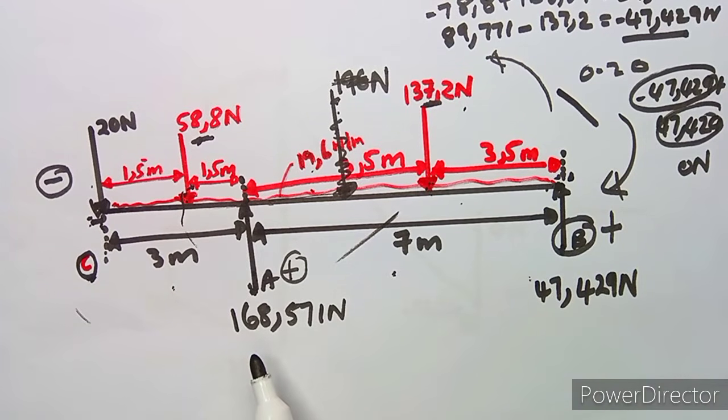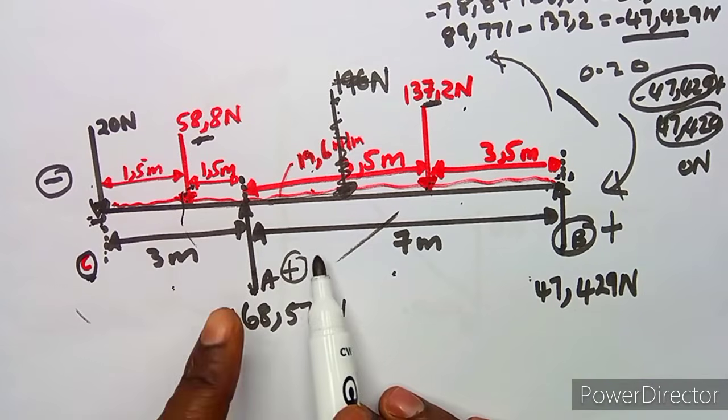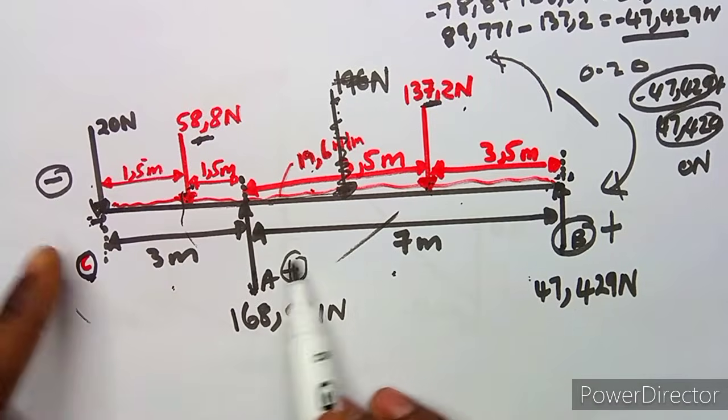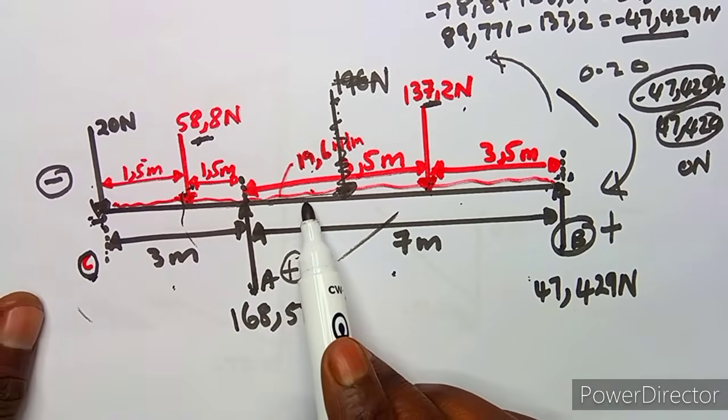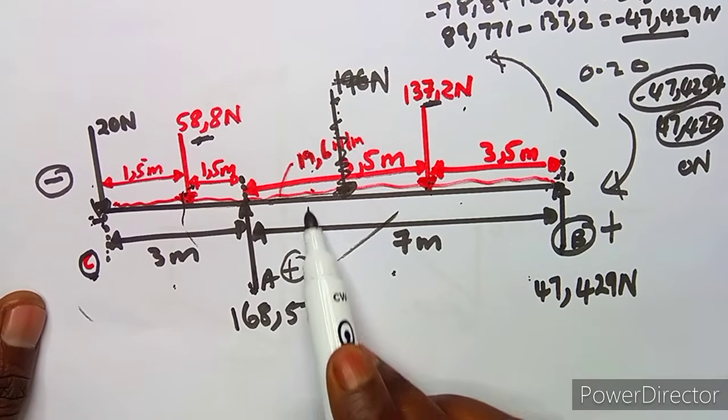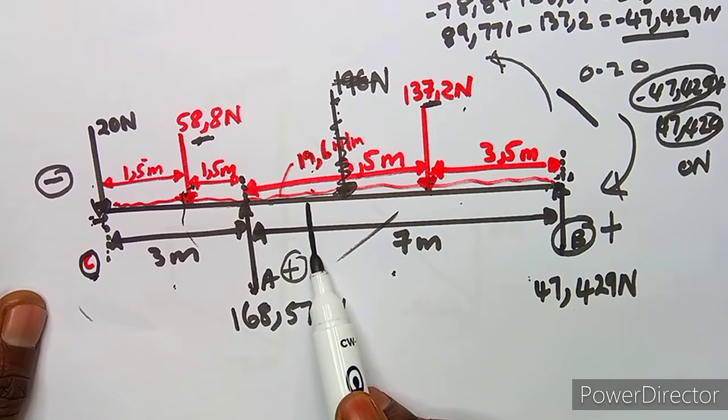So we are having an extra point where you're having the maximum moment there. So what is happening is that we need to know the distance, because it's in between. We don't know if it's between these three or here, so we just know that there is a point that we do not know where actually it is located.